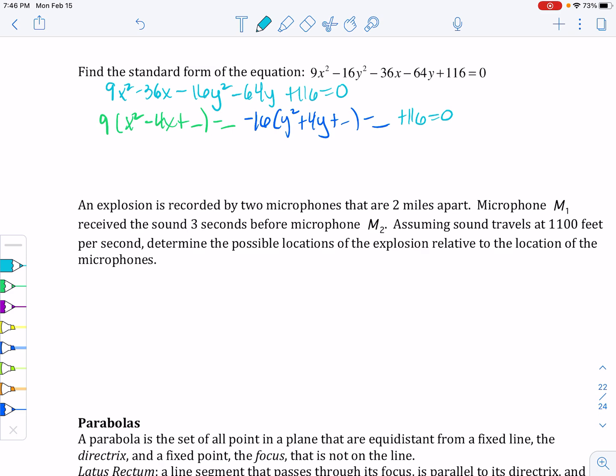So then we finish completing the square on each part. So negative 4 cut in half squared. That gives us negative 2 squared, which is 4. But we really did 9 times 4. So when we do 9 times 4, we were really adding 36, so we have to take away 36. Okay. When we look at the y's, we take the 4, cut it in half, squared, which is 2 squared, which is 4.